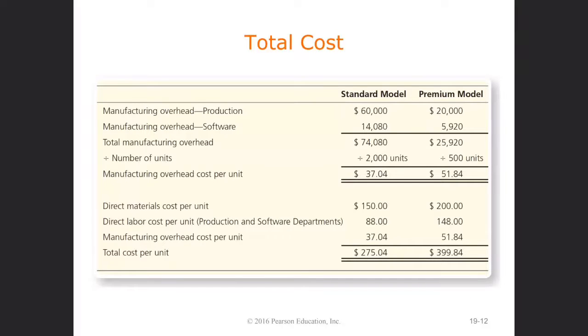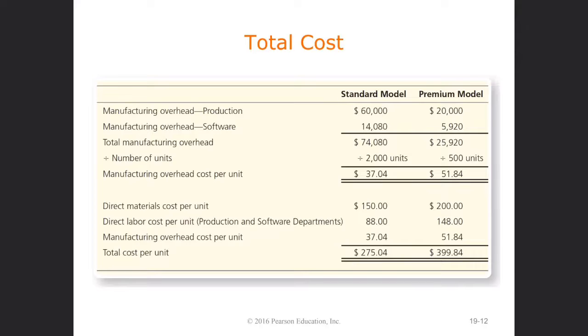So looking here, we've got our total cost. We're looking at our standard model and our premium model. This is on page 995. So you've got your standard model and your premium model. In our standard model for our manufacturing overhead production, we've got 60,000.